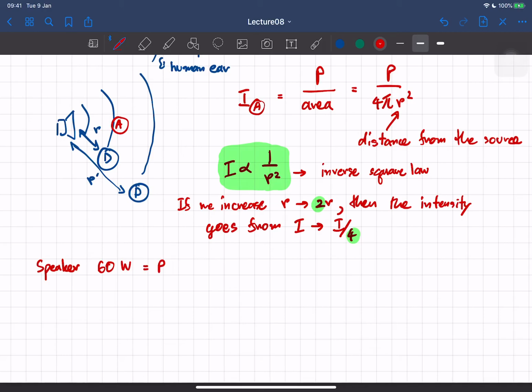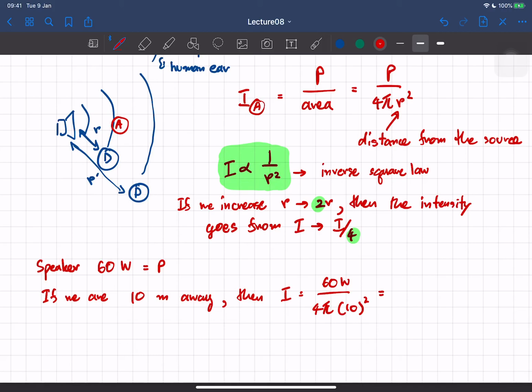And then a simple question I can ask is, if we are 10 meters away from the speaker, and we assume that the speaker is giving out sound in every direction, then we can use the area of the sphere, 4 pi r squared. Then the intensity will be just 60 watts divided by 4 pi r squared, which is 10 meters squared.